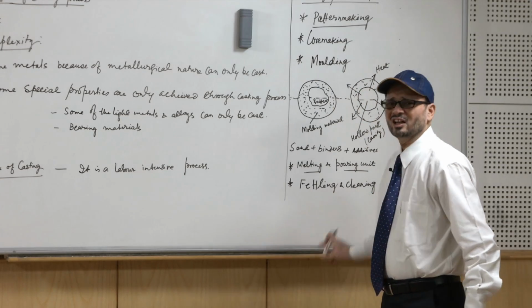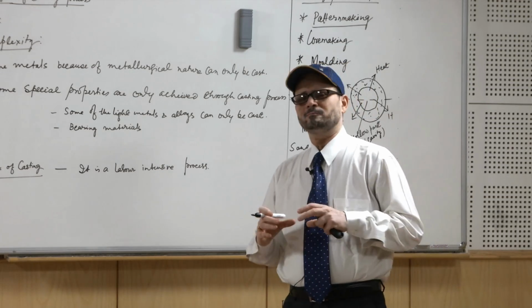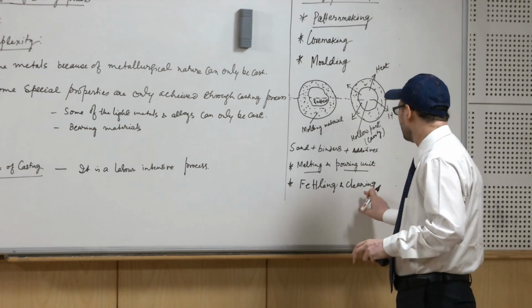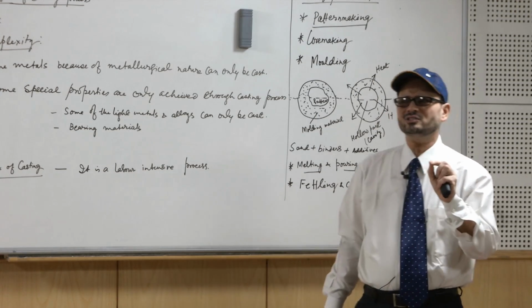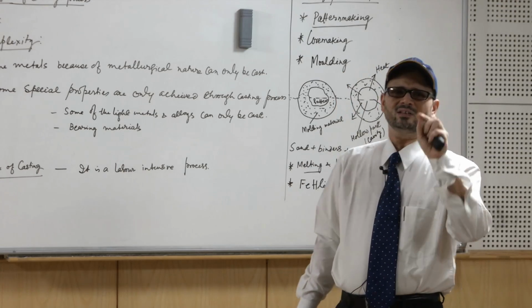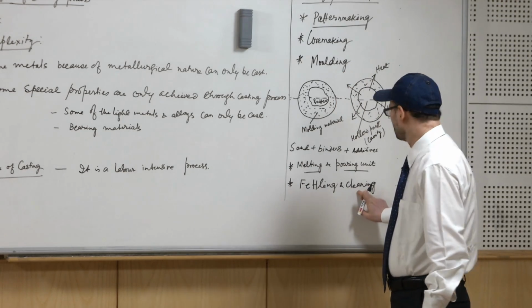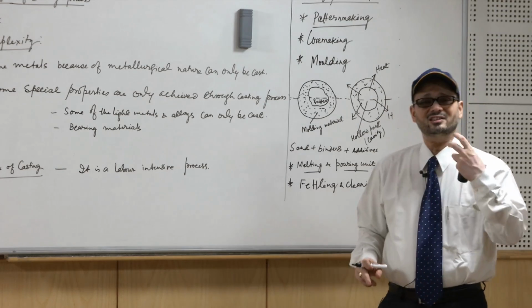For cleaning, you may use liquid solvent based agents, or you may use solid particles of iron shots, they also are used. So, that is shot blasting. You may use sand also, like sand blasting.